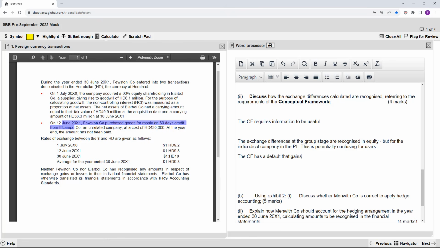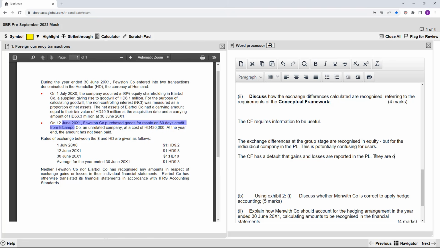that gains and losses are reported in the P&L. So why would they be in OCI? Why would they be in equity? According to the framework, it's because the information should be useful. The conceptual framework has a default that gains and losses are reported in the P&L.